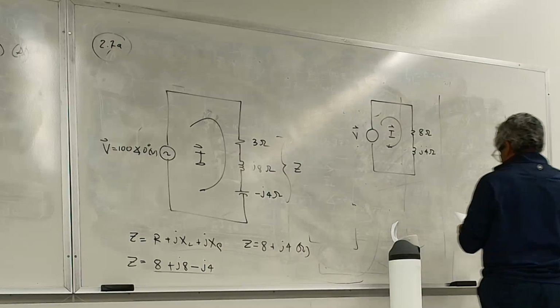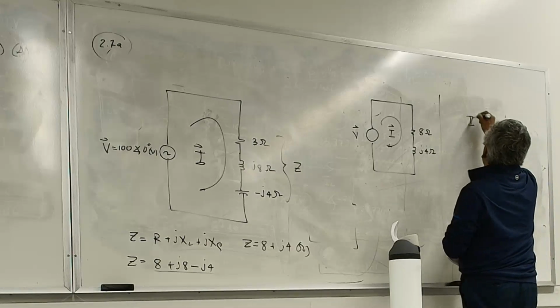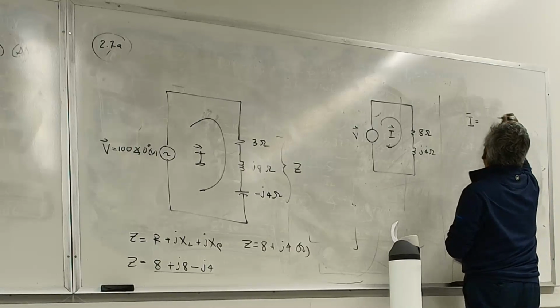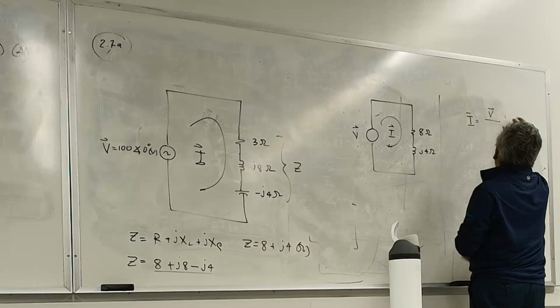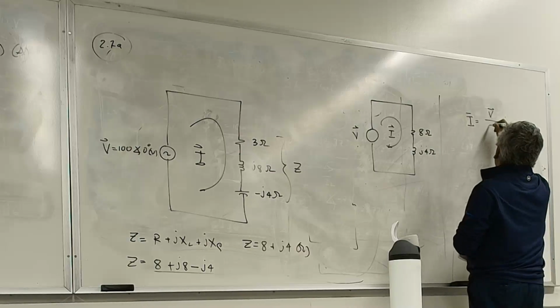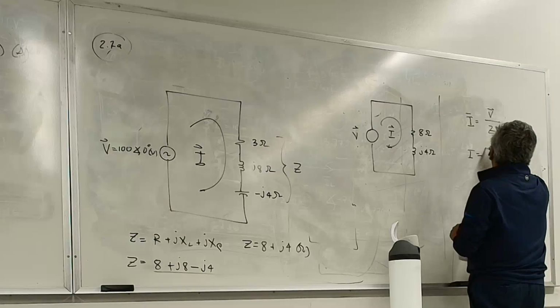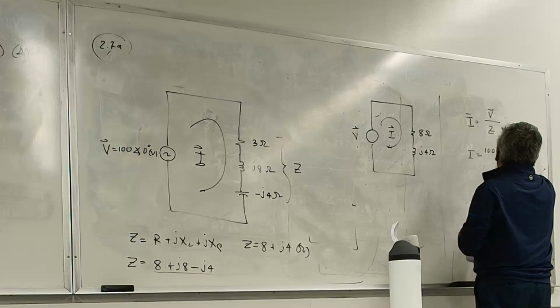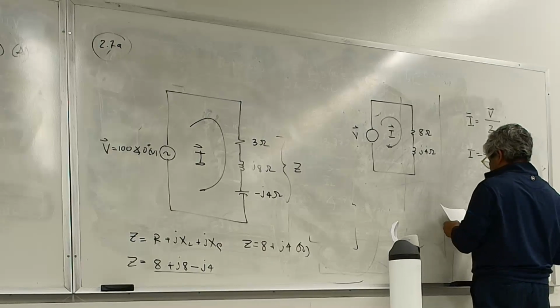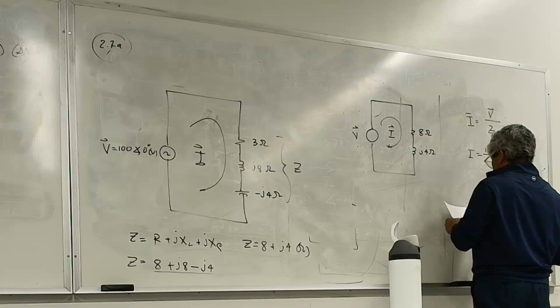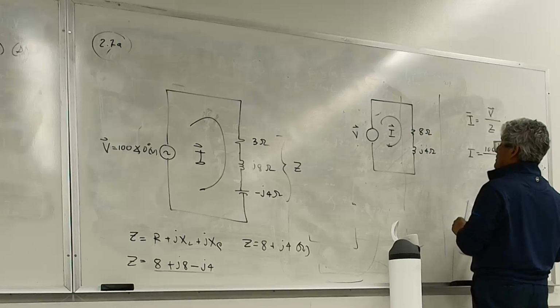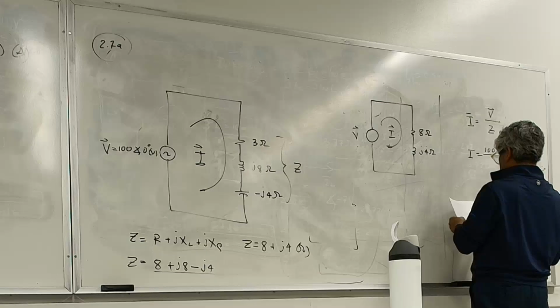Okay, so now I know that I is equal to the phasor voltage divided by the impedance Z, or I is equal to 100 angle 0 degrees divided by, why did I do it this way?